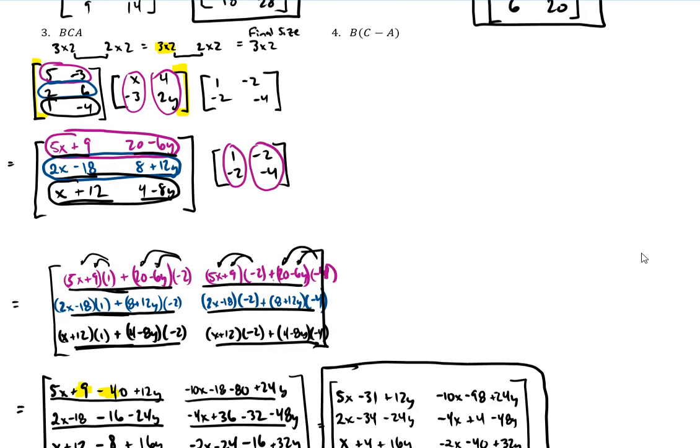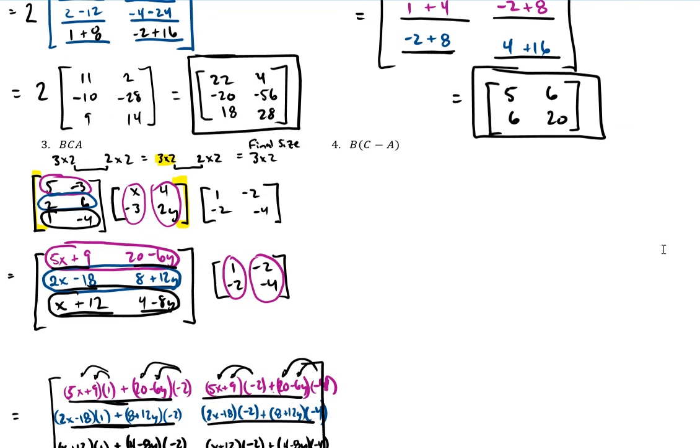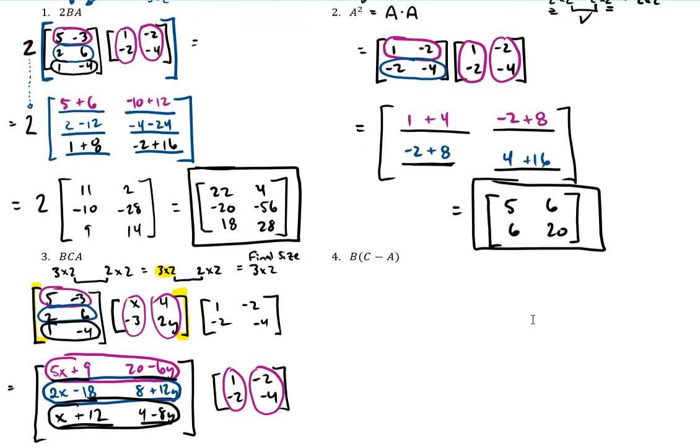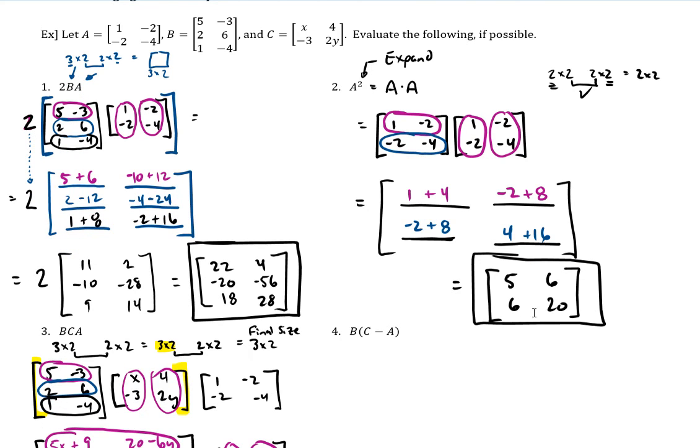Okay, so let's take care of this last one here. So b times c minus a. I hope this one is a little nicer. I'm going to scroll up so I can see all of those. They're recycling the same matrices. So b is that matrix 5, negative 3, 2, 6, 1, negative 4.